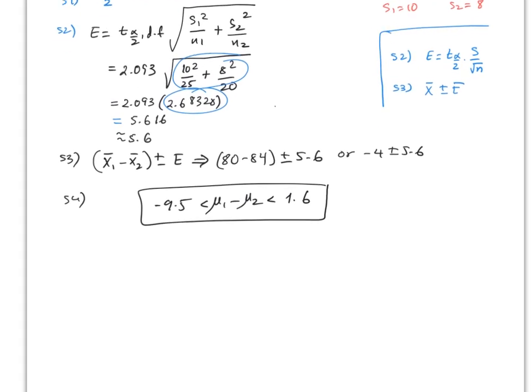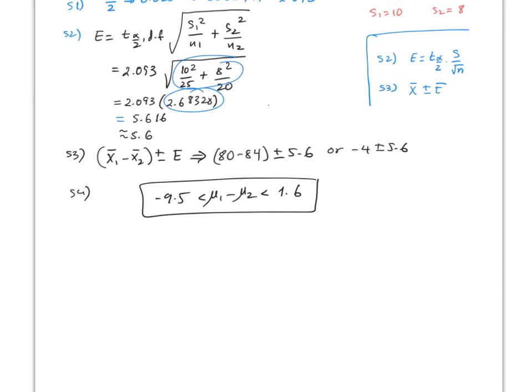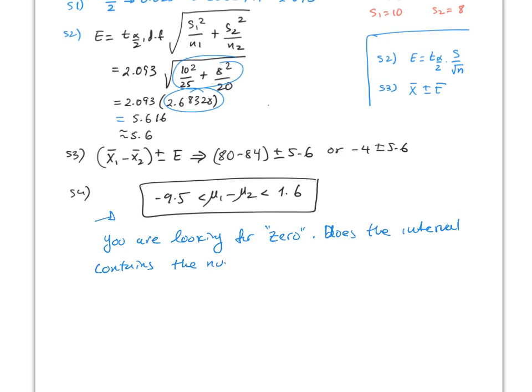Now, the thing that is different here, and actually the most important part of this specific interval, is this. You are looking for 0. By that I mean, does the interval contain the number 0, which in this case it does, because notice you go from a negative to a positive.